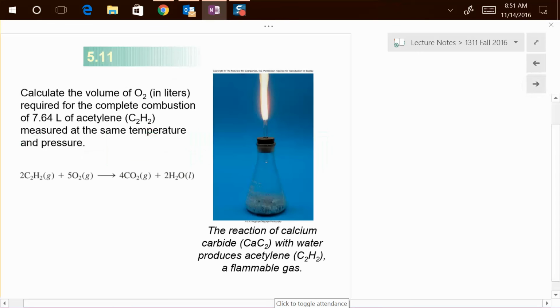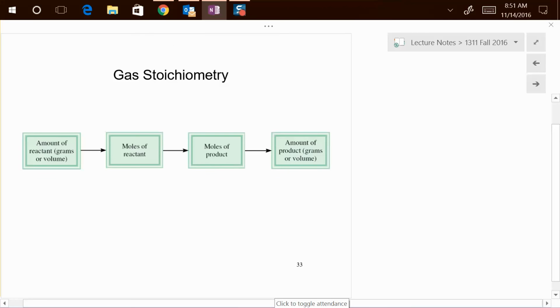All right, because of that, we can relate the amounts of reactants, in moles, to the moles of products of a gas. So if we have the volume of a gas, it is equal to the moles of that gas.